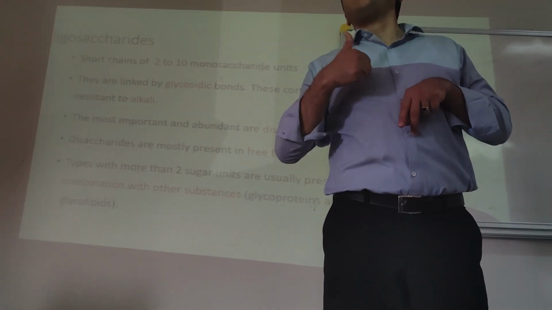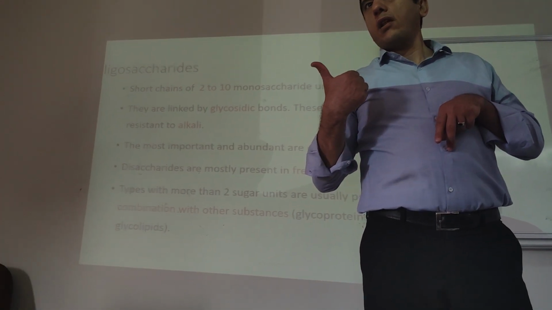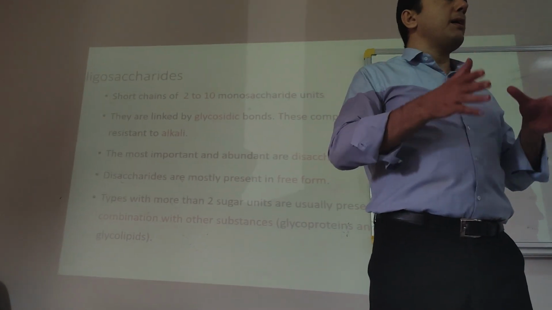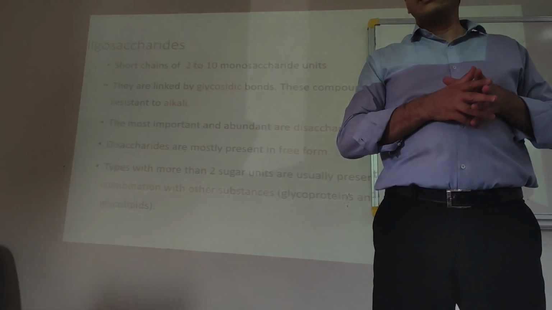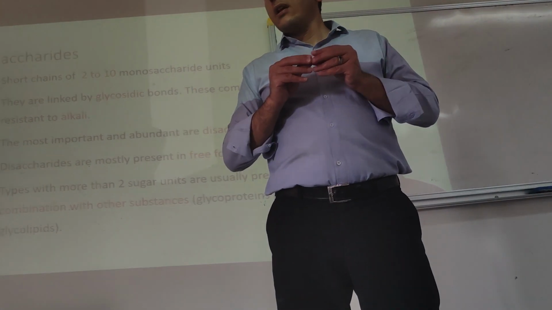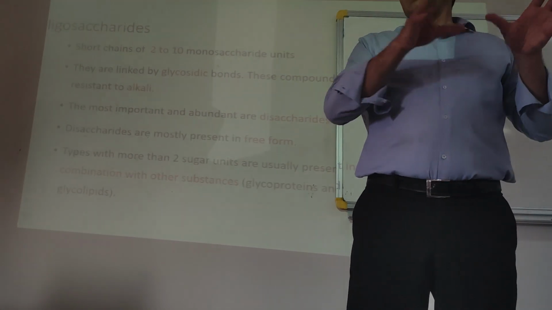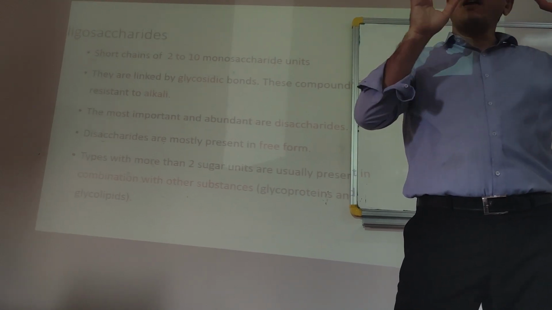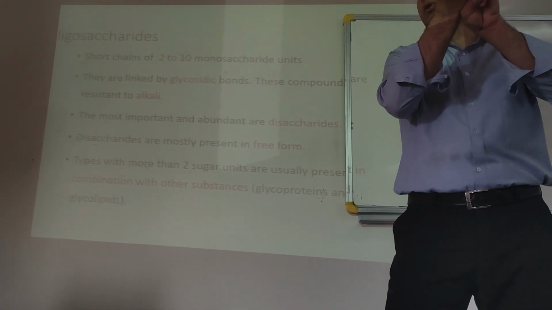What about the other oligosaccharides like trisaccharide, tetrasaccharide, and so on? Such type of oligosaccharide can be found in the cell and in attachment with other molecules. For example, you can find a trisaccharide with a protein.